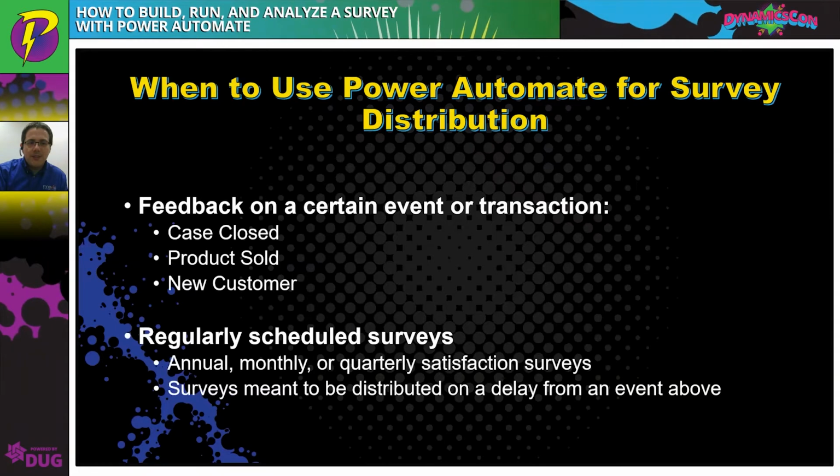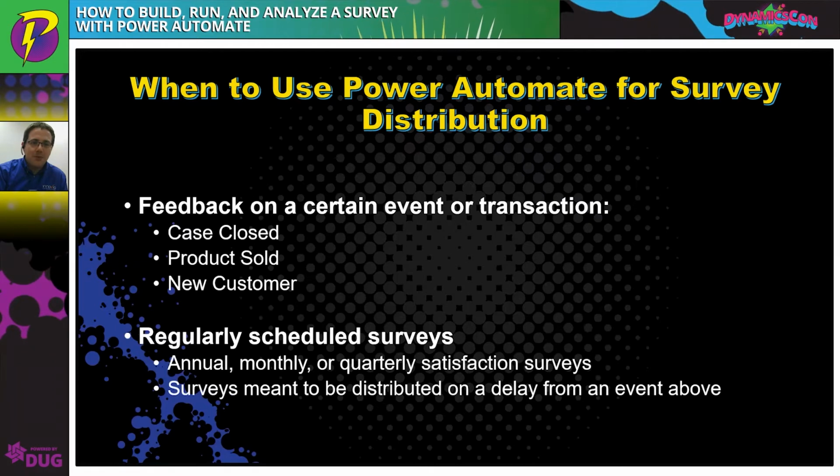So if you want feedback on a certain event or a certain transaction, like say your service case was closed in your system and you want to send out a survey after that. If you sold a particular item, you could do an automation to send out a survey a certain number of days after that's been fulfilled. You could also set things to survey your customers when they're new customers on a certain cadence.